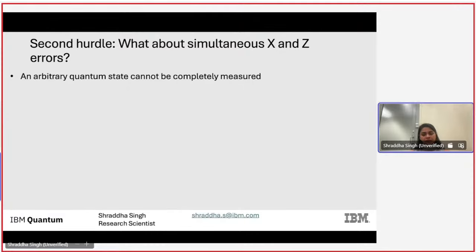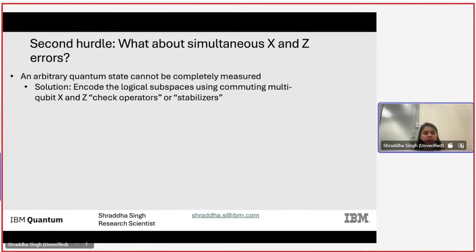So nothing can be inferred from these two measurements back to back. So now the question that we wanted to address for quantum error correction was: how do we come up with commuting stabilizers of X and Z type, which can correct for X and Z errors at the same time on a single logical code space?